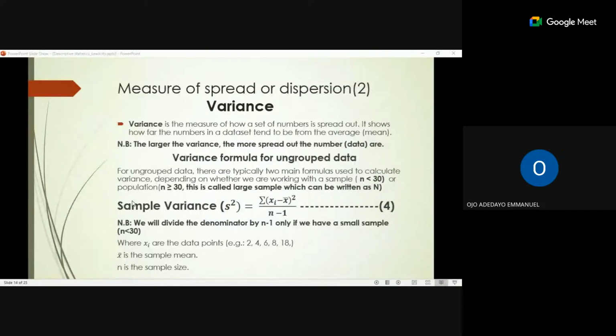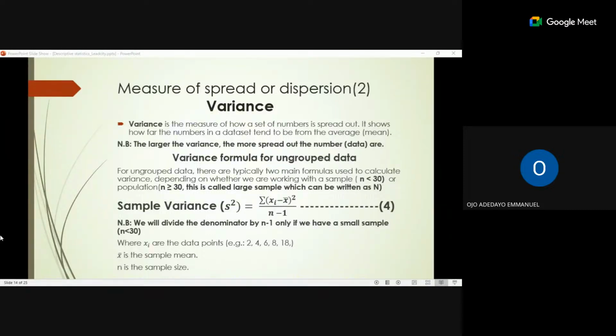When do we have a small sample size? Anytime your observation is less than 30. For instance, in the scenario that I cited from 1 to 10, my observation is just 10. It's less than 30, so I have a small sample size. Now, let's say I have from 1 to 100.